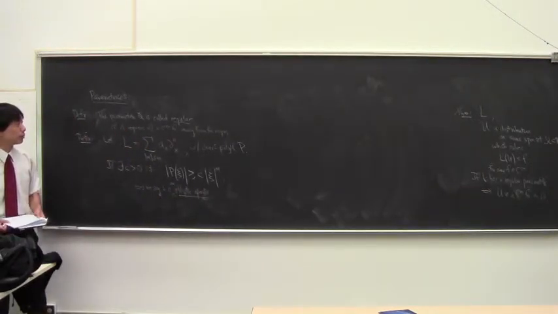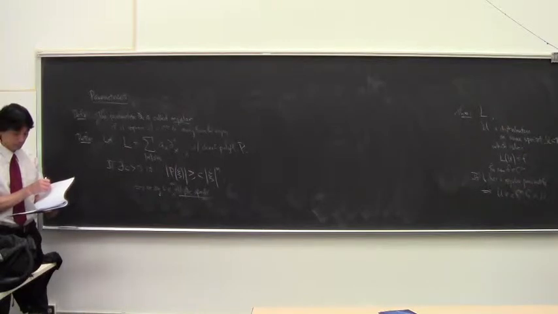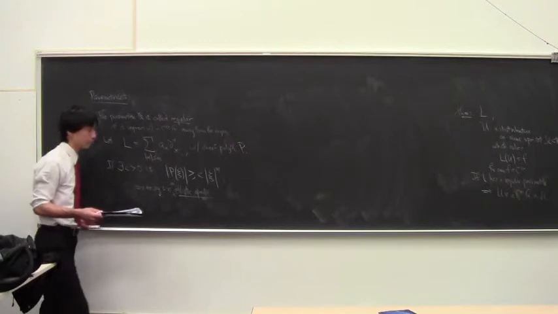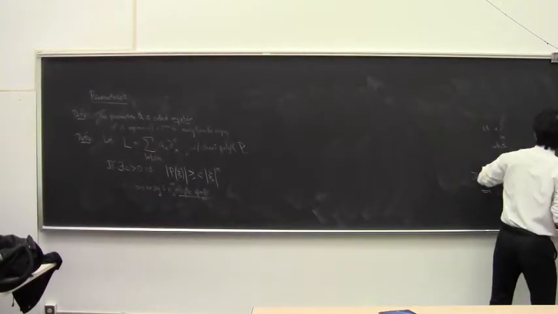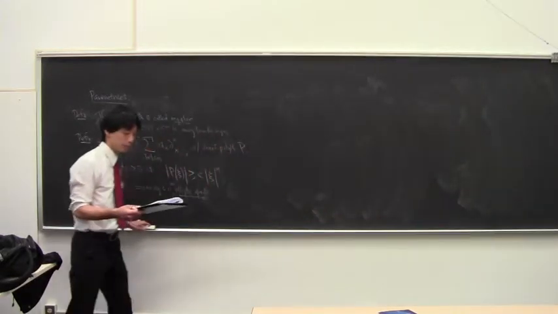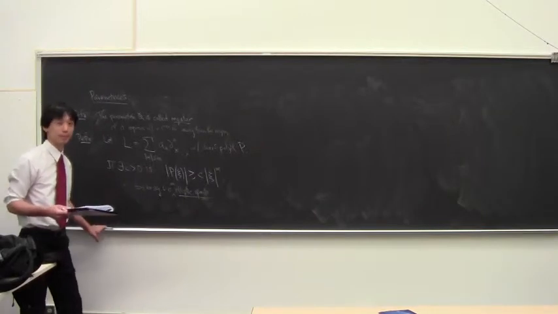These sorts of operators are called elliptic operators. And what we're going to show is that every elliptic operator has a regular parametrix.